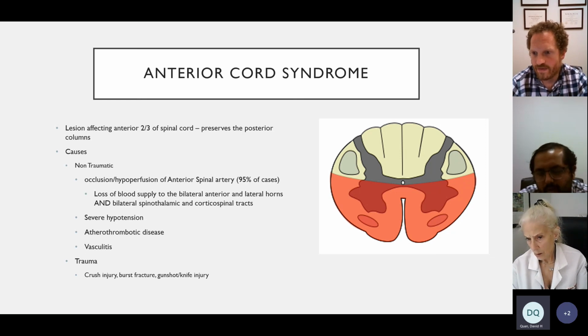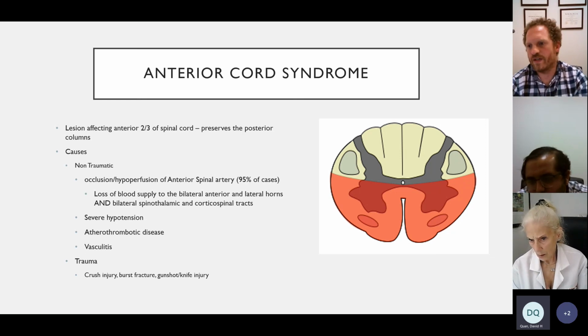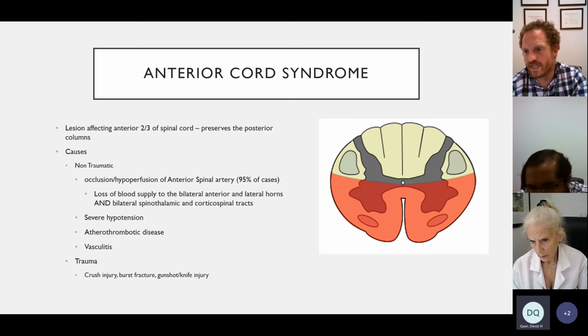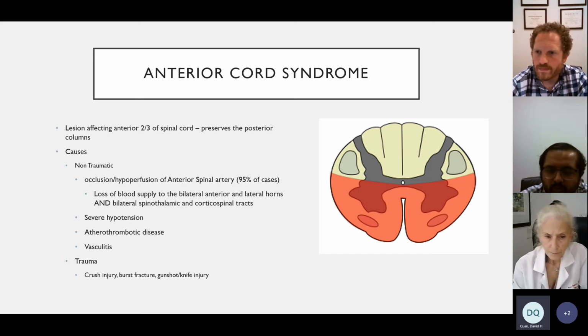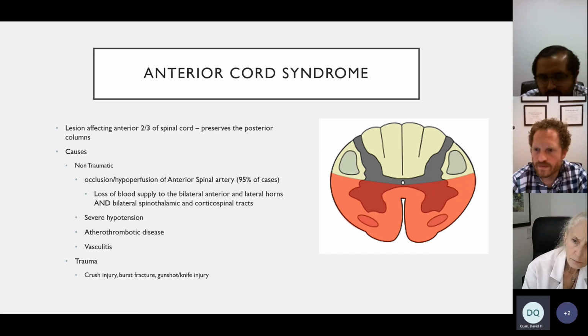So they have five: anterior cord, central cord, Brown-Séquard, and then the ones that are a little bit different, conus medullaris and cauda equina syndrome, which are also considered part of the spinal cord injury syndromes. Oh, okay. Great. I didn't know that. So thank you.